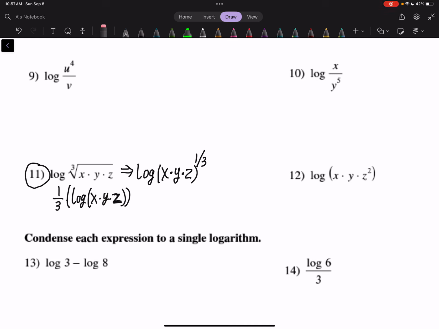Now I realize this is different because you have 3 variables or 3 numbers inside the log. However, our steps are not changing. This is just the product rule since all 3 of these are connected through multiplication. So this is 1/3 times log of x plus log of y plus log of z.